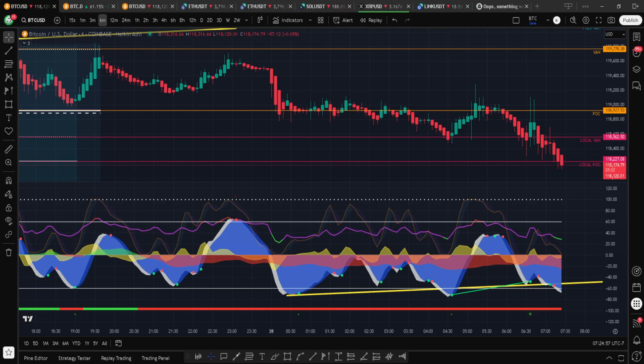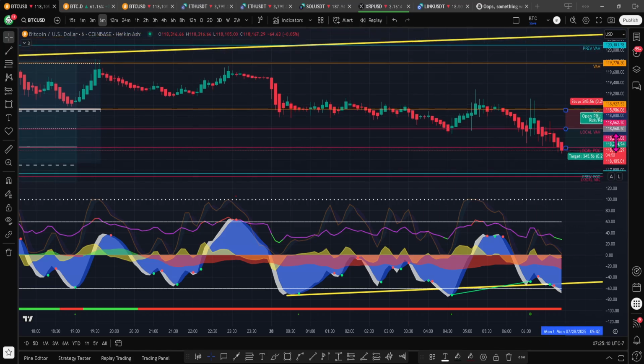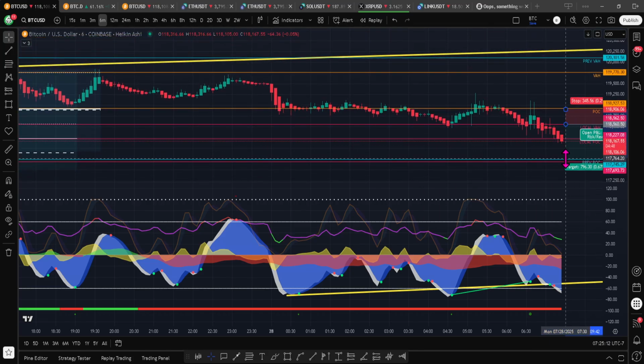So the risk to reward ratio, let's see if I can find it. We're going to do the short position risk to reward ratio if you run it from the local value area high. And we say we're coming down to this level here. All right, we entered in at 118,400. Stop loss 118,550. We'll do 550.